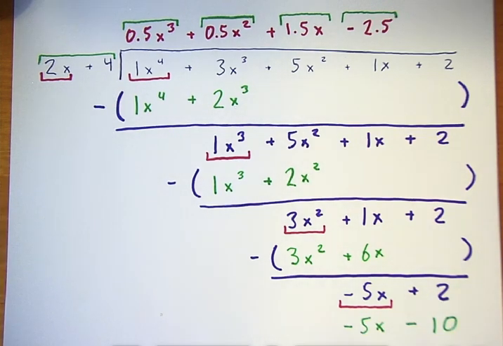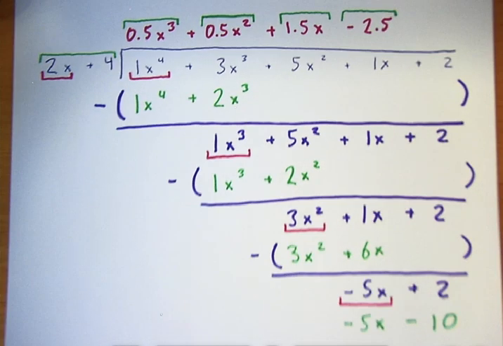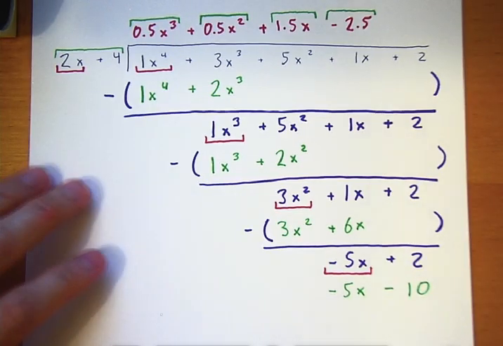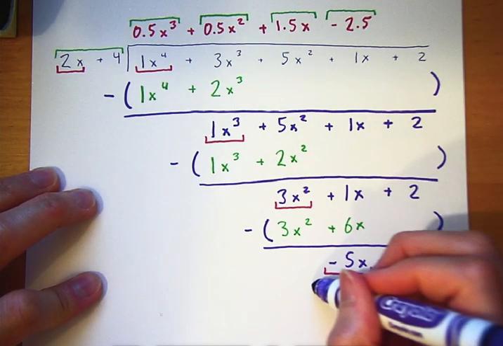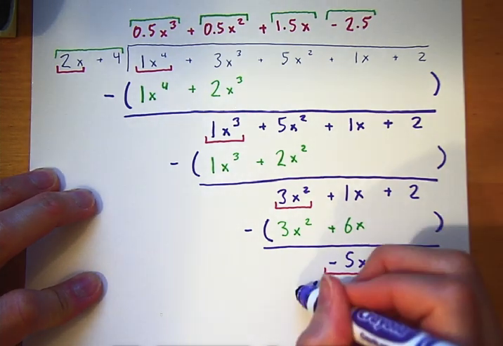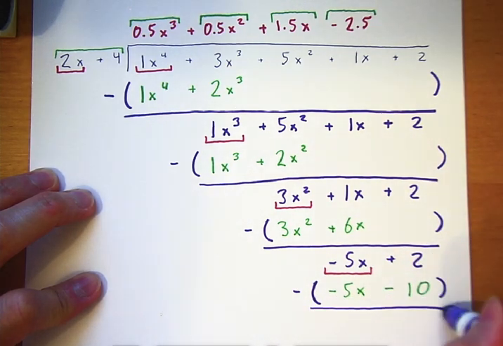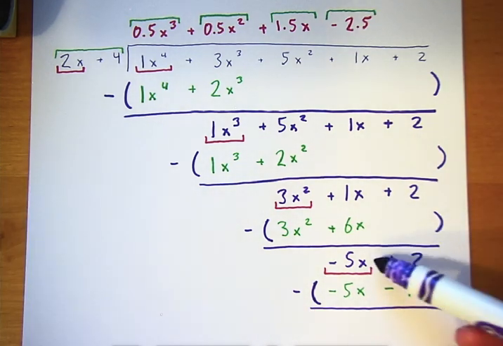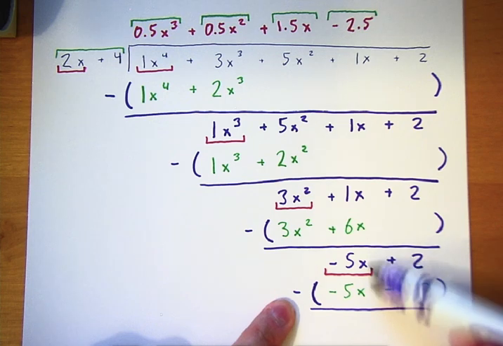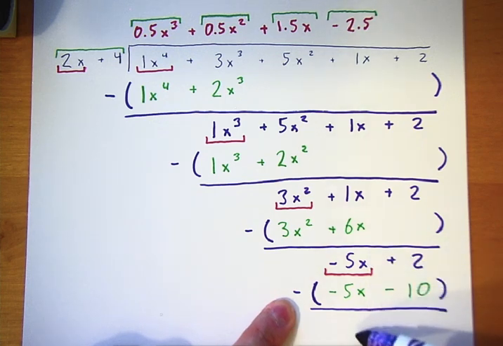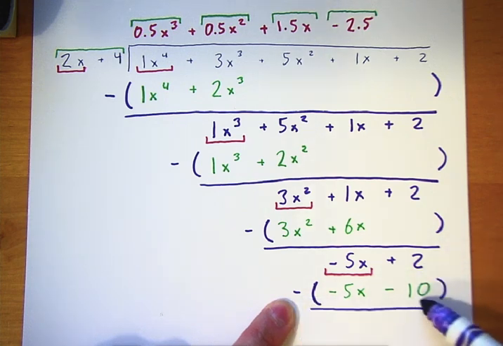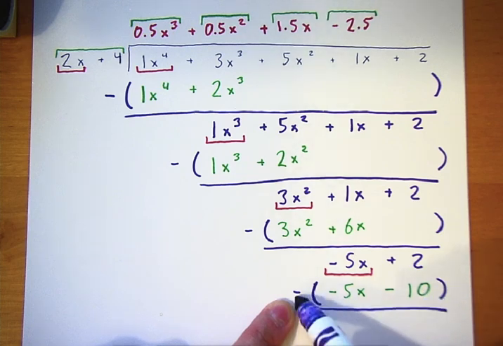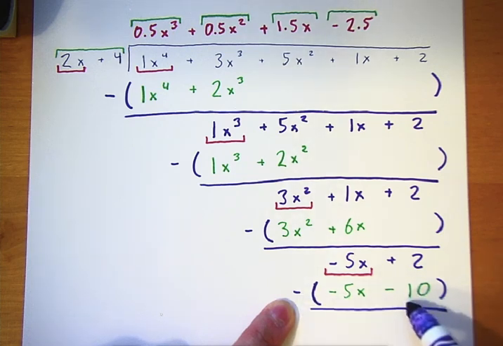All right. After multiplying, our next step will be subtract. Negative 5x subtract negative 5x is 0. 2 subtract negative 10. Subtracting a negative is the same thing as adding.